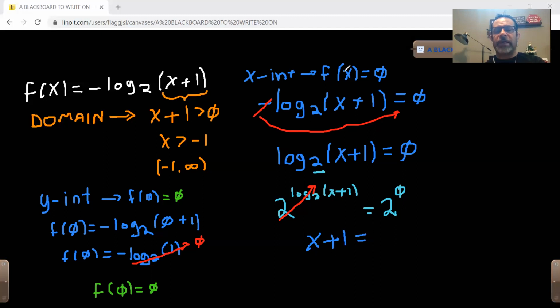I know that 2 to the 0 is equal to 1, so I'm left with 1. Solving for x, x equals 1 minus 1, and so the x-intercept occurs at x equals 0. Okay.